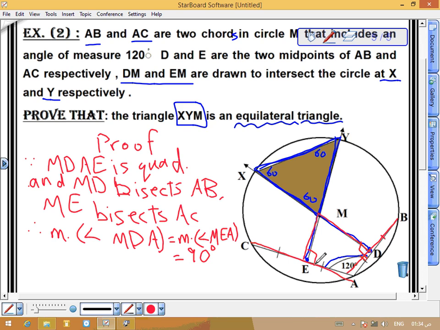As in the previous example, we want to find the measure of angle DME.